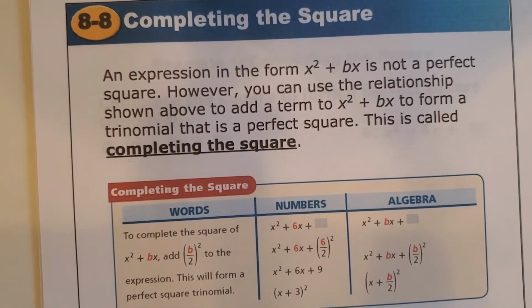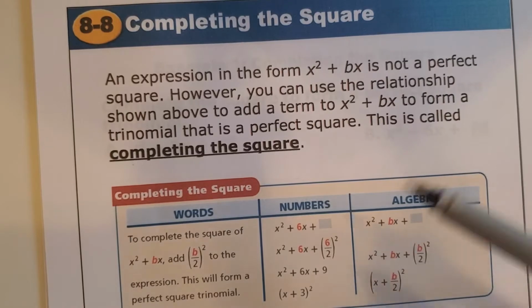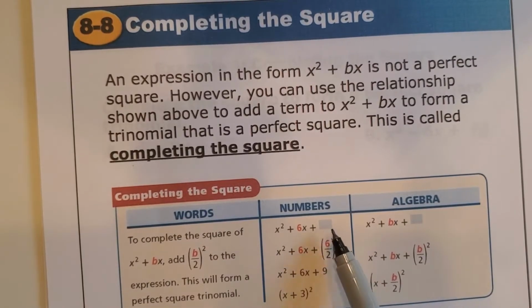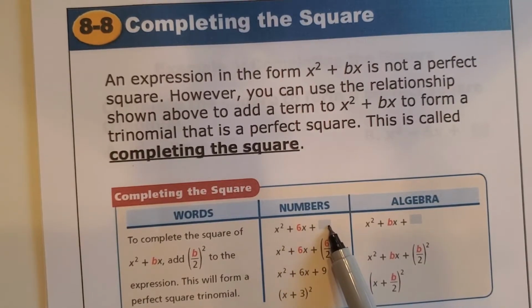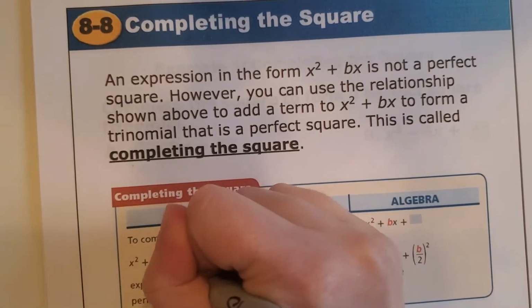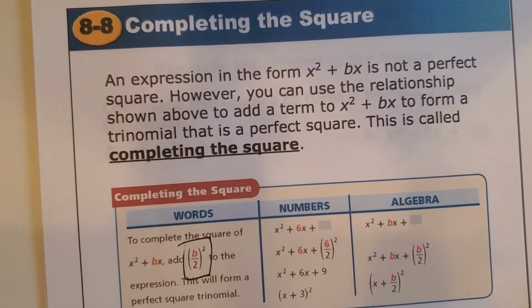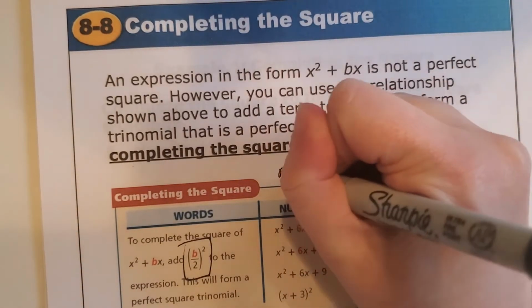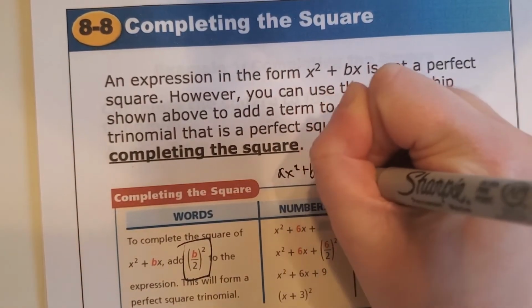The procedure of completing the square is basically what it says here. The final term of this trinomial is going to be whatever you get when you follow this formula: b over 2 squared. So in this example, we already know that trinomials look of the form ax squared plus bx plus c.